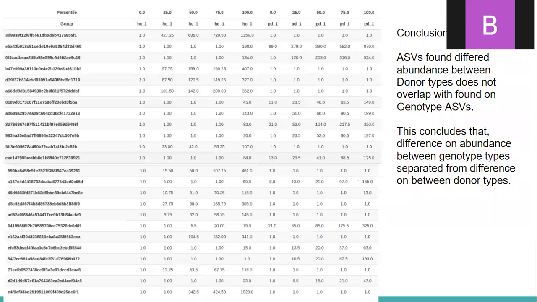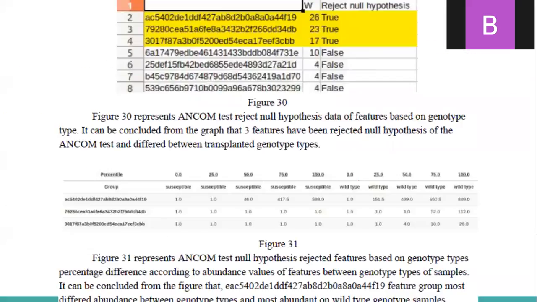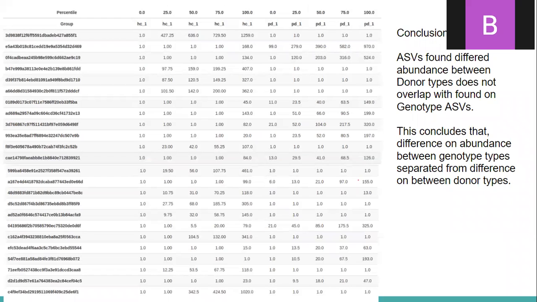compared to the genotype. And in this figure, we can see the reject null hypothesis variance for the genotype and donor type interestingly differed from each other. How we conclude them, we compared these two together, and we found that these differences are in different feature variant names.